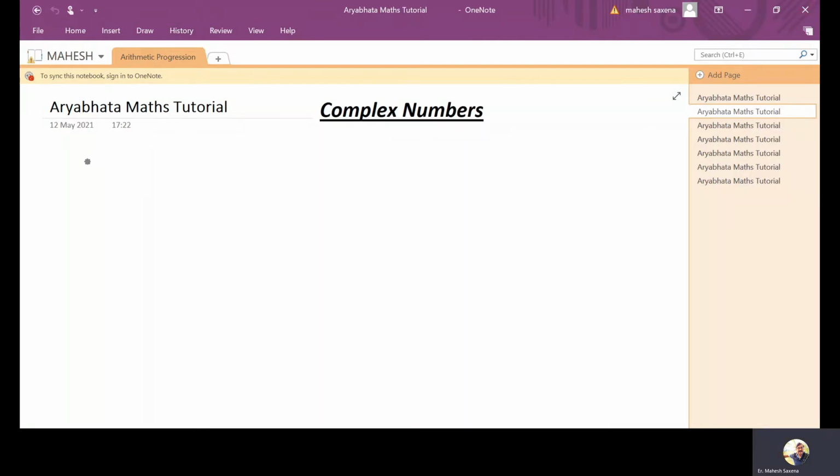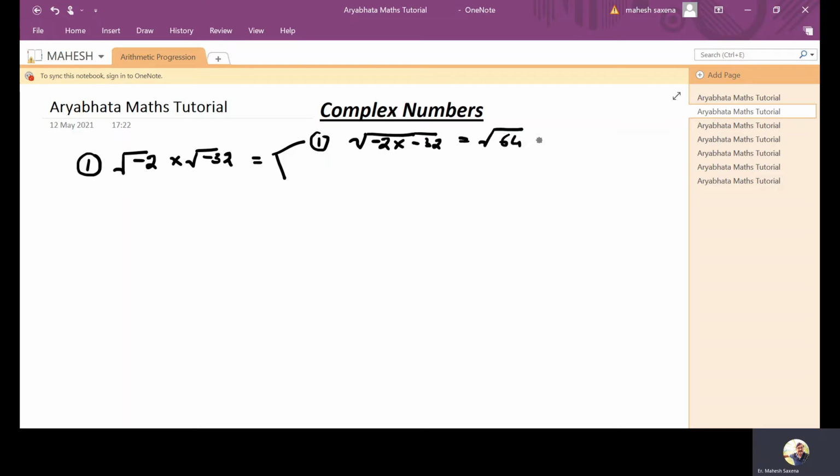Suppose we have to find the value of under root minus 2 into under root minus 32. This can be done by two methods. In the first method, under root minus 2 into under root minus 32 can be written as under root of minus 2 into minus 32, that is equal to under root 64, that is 8.